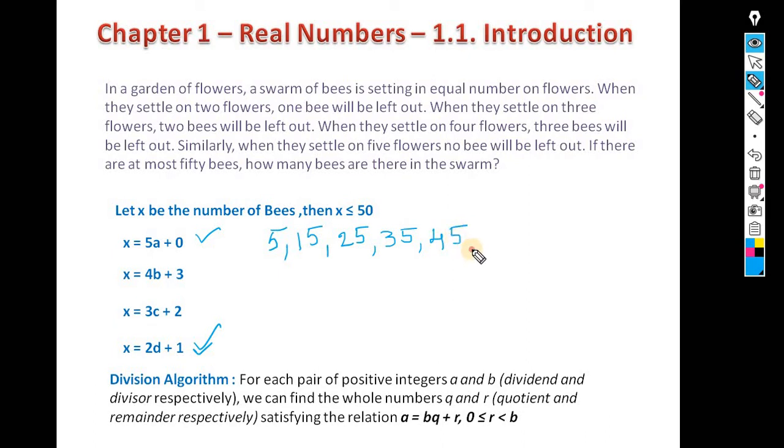And after that odd number, if I take 11, 55 will come. So 55 we are not going to consider, because this is not satisfying the condition they have provided, that is maximum bees are 50. So that's the reason we need to see whether our answer is within one of these or not.